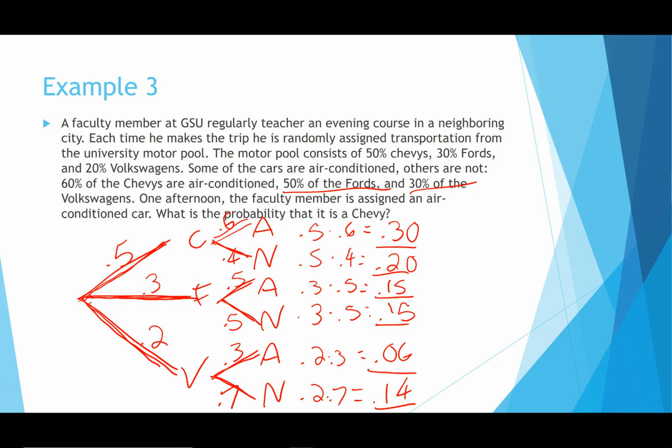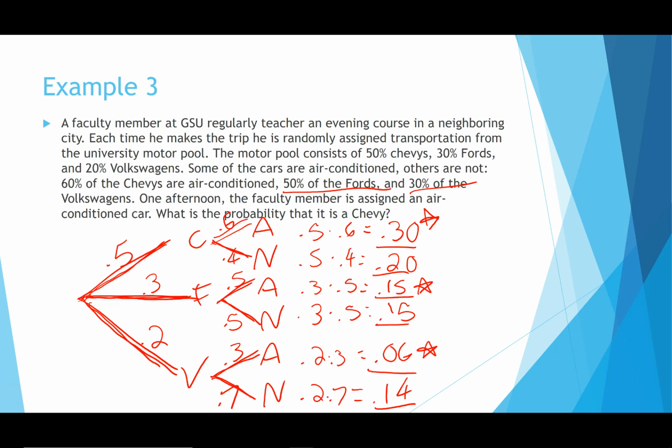Okay? So conditional probability is this. We know we have an air-conditioned car. So how many air-conditioned cars are there? There's 30 for the Chevys, 15 for the Fords, and 6 for the Volkswagens.